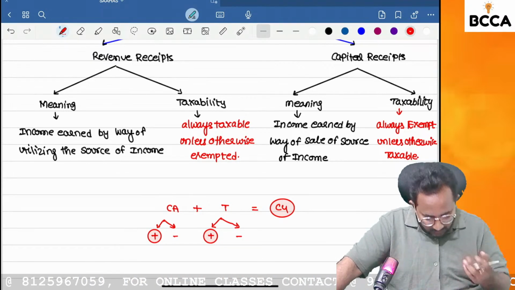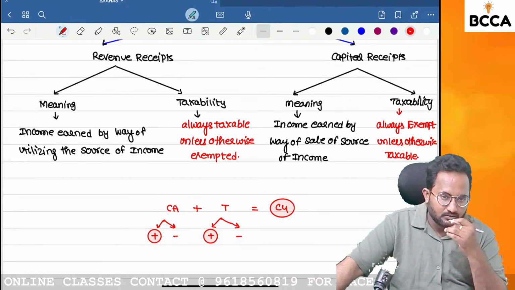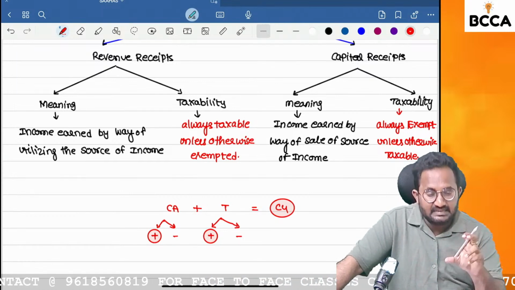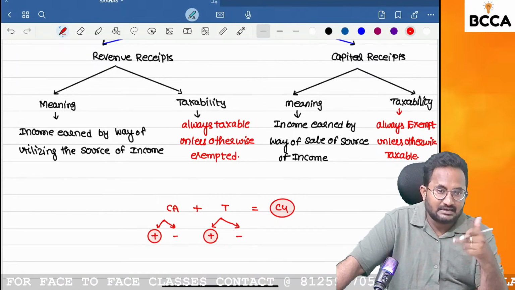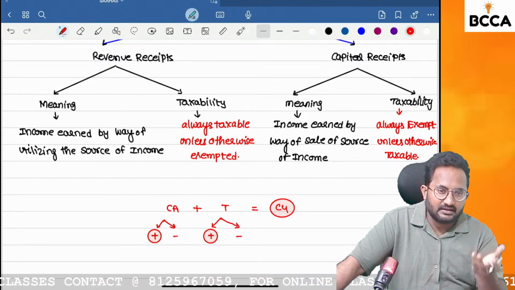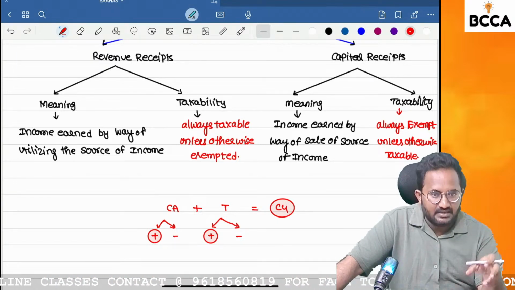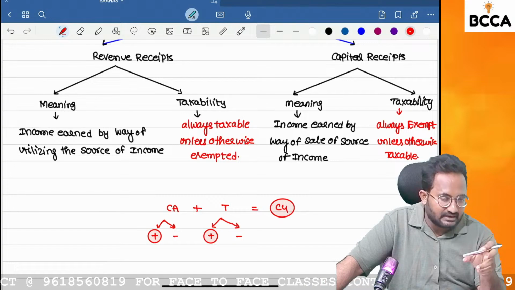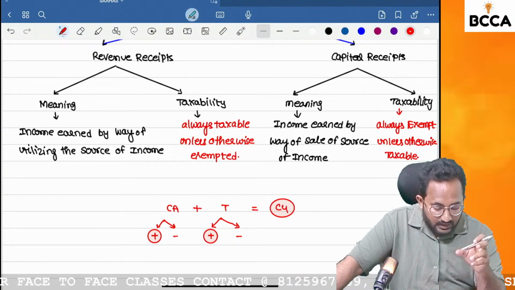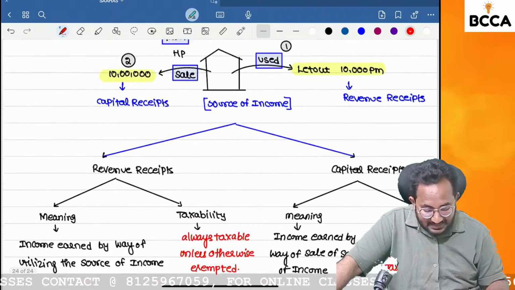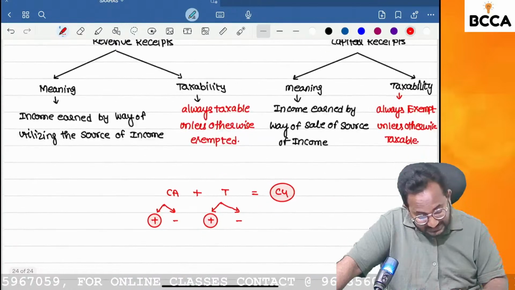One more example I will tell you. If a senior citizen's capital asset is transferred under the reverse mortgage scheme, in that situation also it is exempt. So specifically in certain cases only in the Income Tax Act 1961, we have to calculate the tax liability on the capital assets transferred.